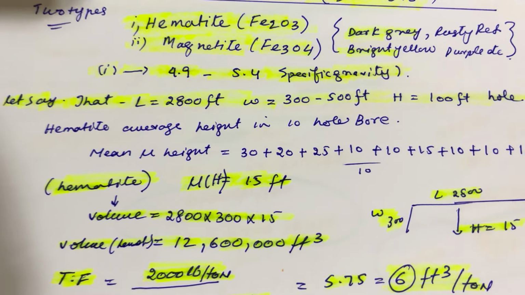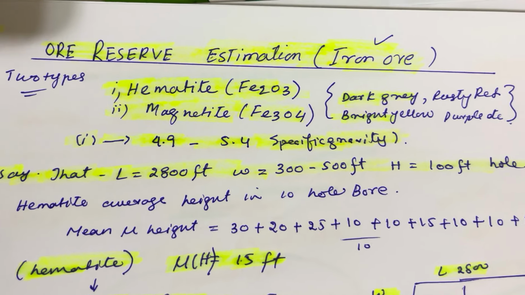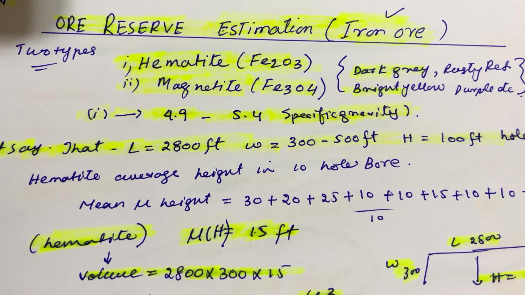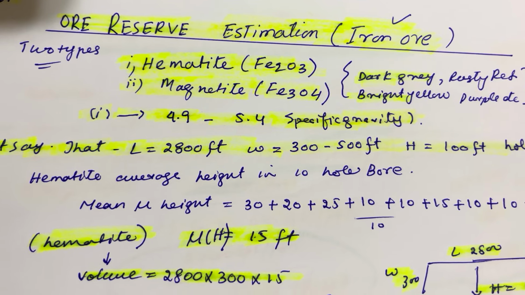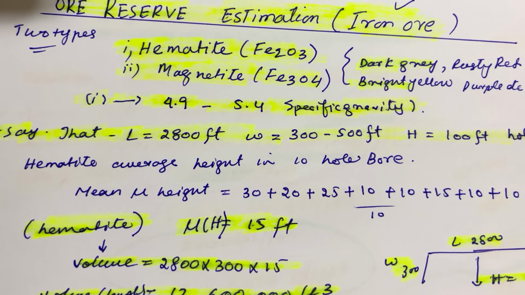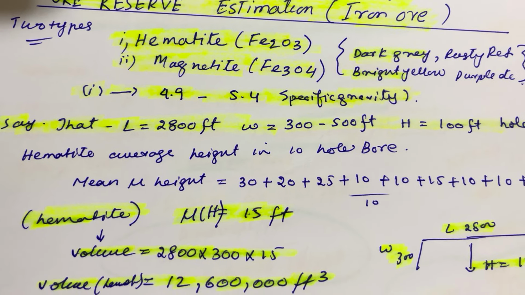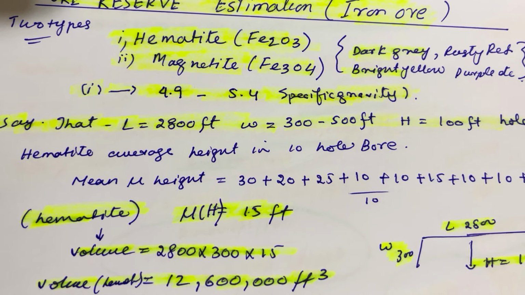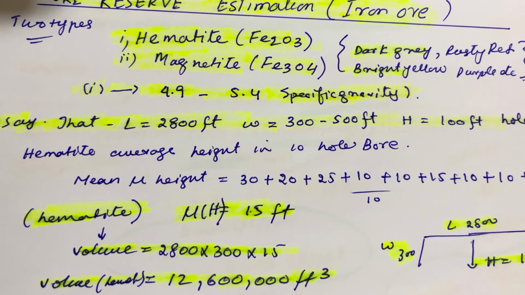In mining, you can calculate the tonnage of each borehole. Let's say the first one is 30 feet and the second one is 20 feet. The area of influence of the hole is usually 300 feet.